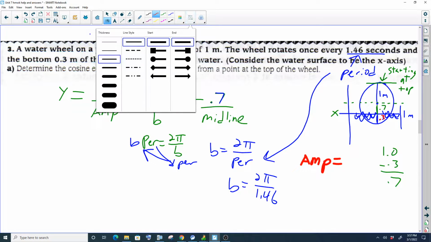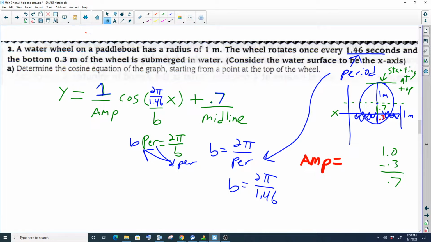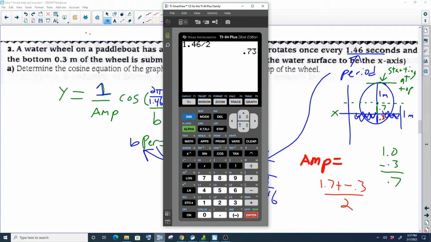To figure out the amplitude, it is just the radius. Or you can do the maximum, 1.7, plus the minimum, negative 0.3, and divide by 2. Oh wait, I messed up, that's actually the midline.